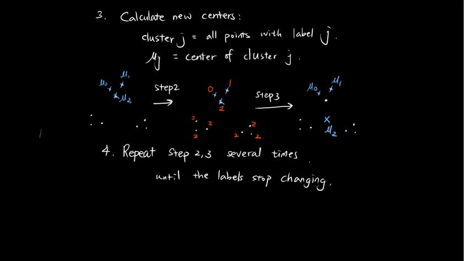So according to the theory, you see this is one type of label, and after step 3 and coming back to step 2, the label will be changed again.